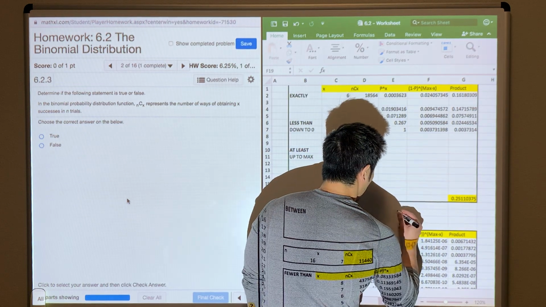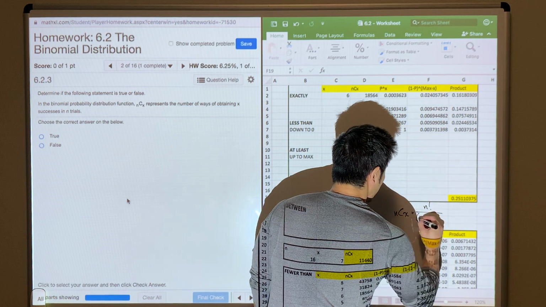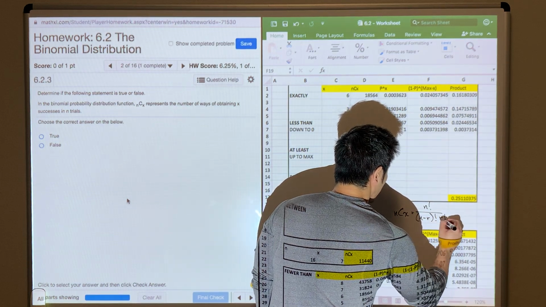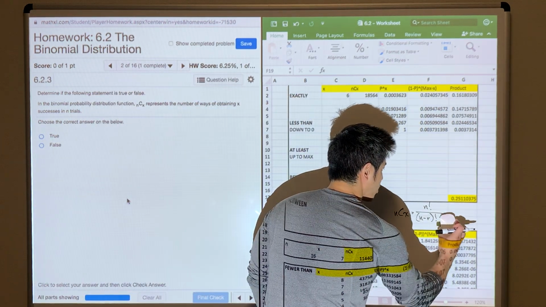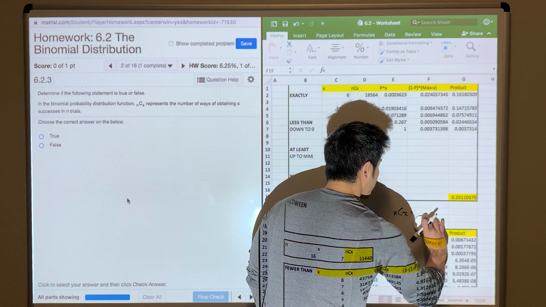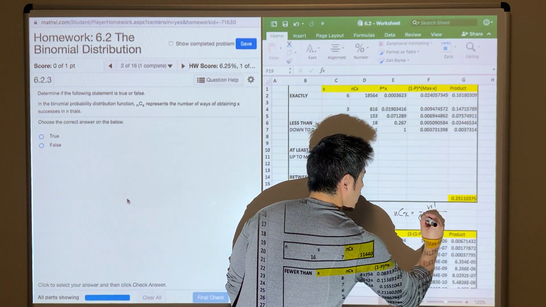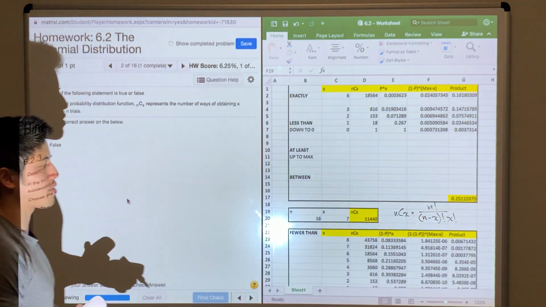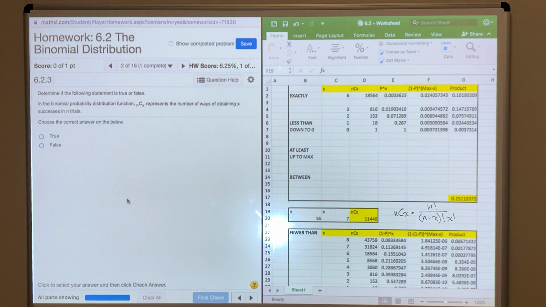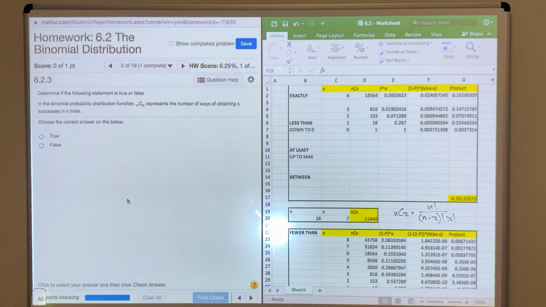So just like before, we know that nCx is n factorial over n minus r factorial times r factorial, but in this case, your r's are actually going to be your x values.